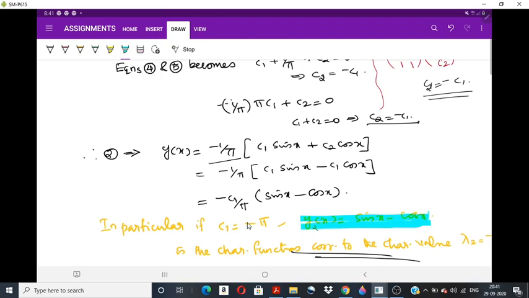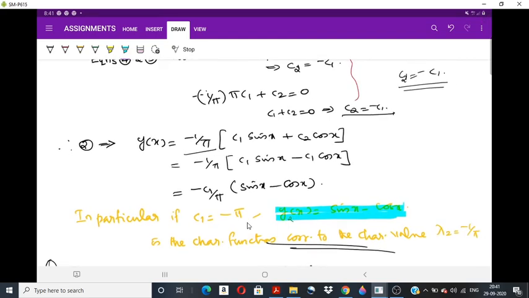So this is the characteristic function corresponding to the characteristic value lambda 2 equal to minus 1 by pi. So this is the solution, the answer of part A. Now we need to solve B and C.